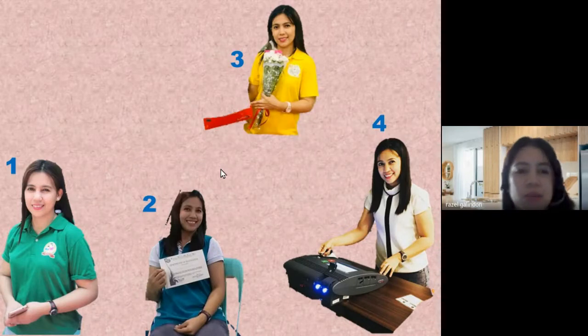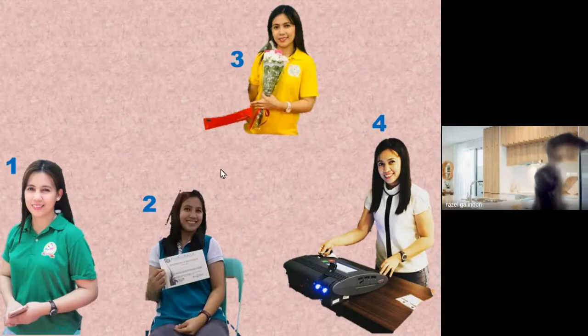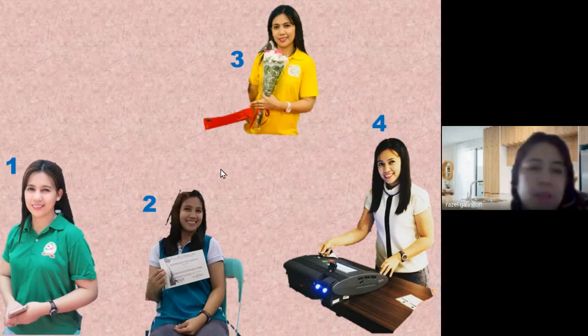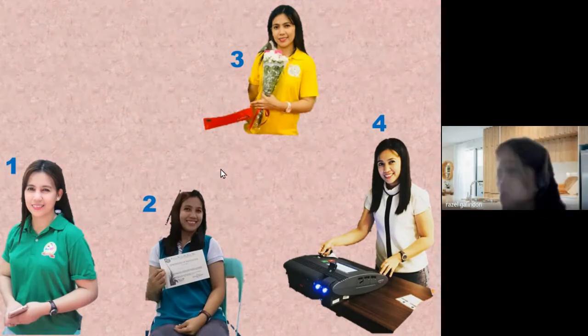So I will ask the girls, because the girls are in the picture, to read the statement. For statement number 1, may I request Jillian. For statement number 2, I will request Rochelle. Statement number 3, may I request Amber Faith.